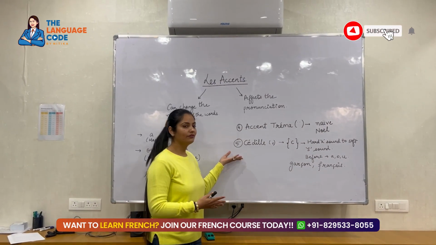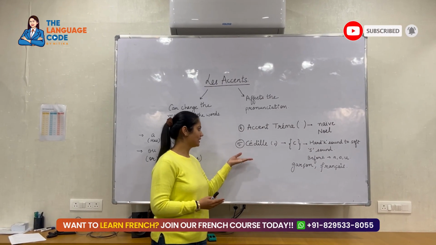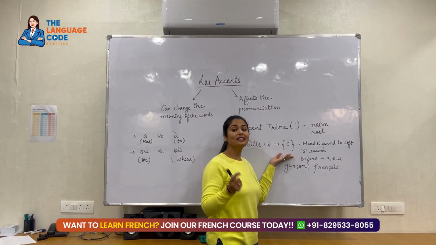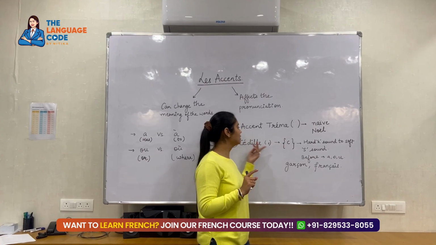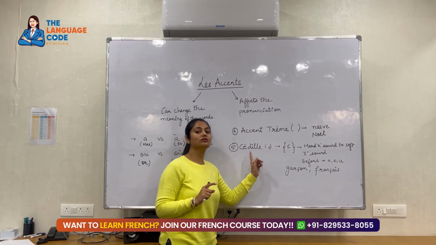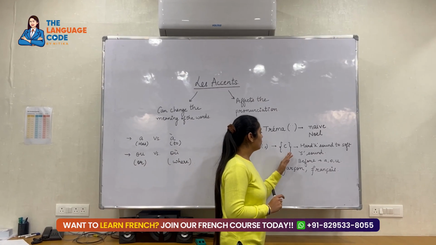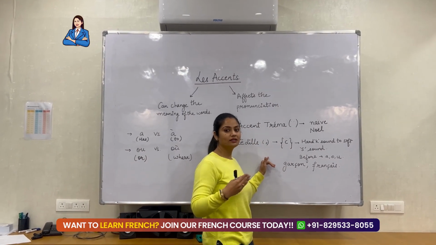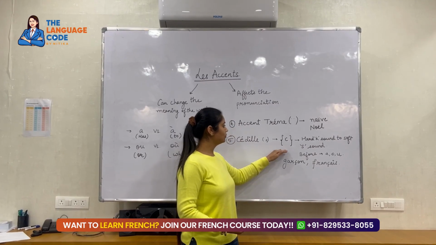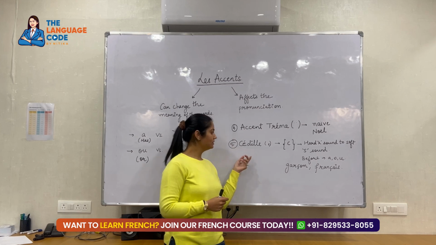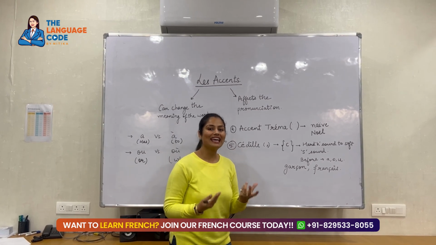Now let's learn the 5th and the last accent, that is cédille. Cédille is used with the consonant C. It is the only accent which is used with a consonant and not with the vowels, right? So how does it work? Its work is to change the hard K sound of the C to a soft S sound.